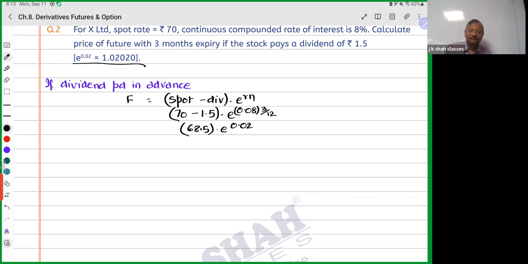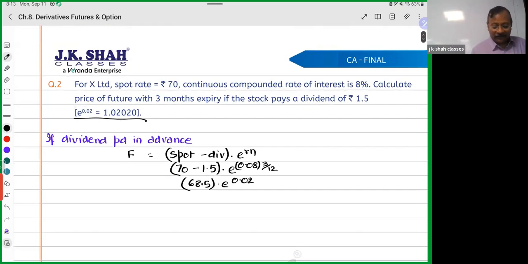Online, beta, you were absent. Forex, you missed? Yes, beta, you explain it to them a bit on the calculator. I want you to tell me the value of e raised to 0.02, is it really this? Using the calculator, can you find the value of e raised to 0.02?